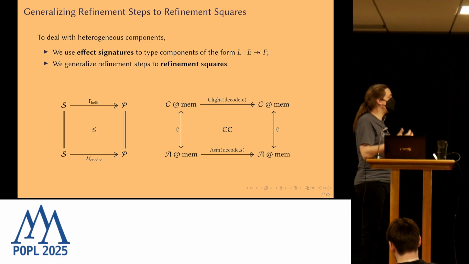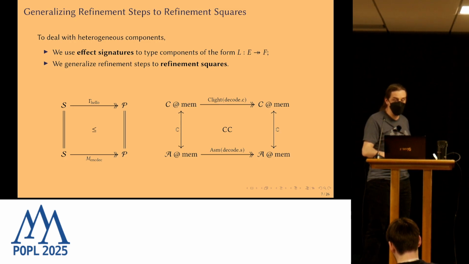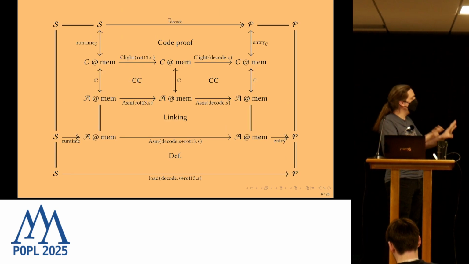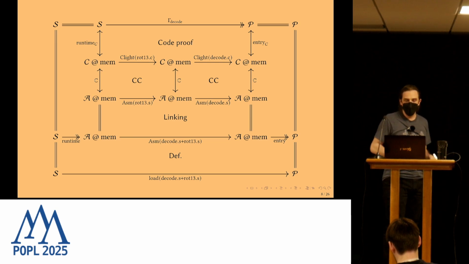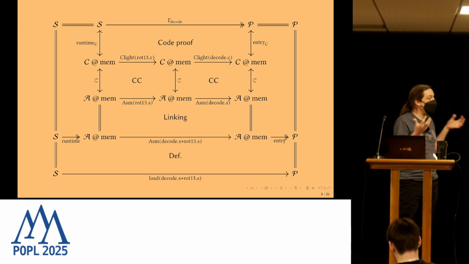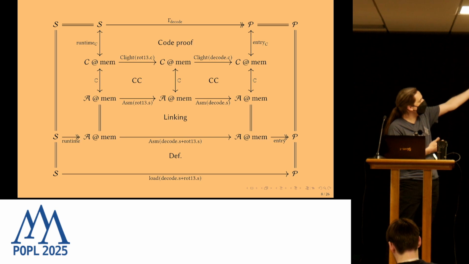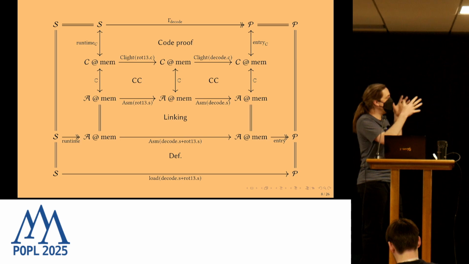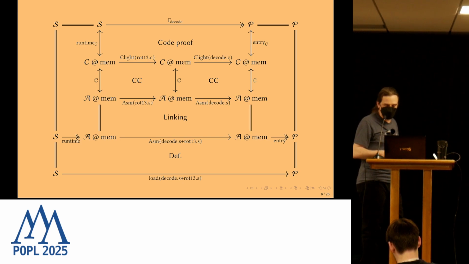And using this kind of refinement squares, we'll be able to construct complex two-dimensional refinement proofs like this, where you'll be able to reuse properties expressed as refinements, things that you've proved yourself, like this code proof, or things like a compiler correctness theorem, a linking theorem for the assembly language, and other things that I'm going to discuss.